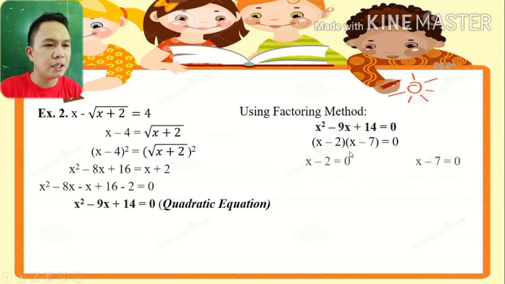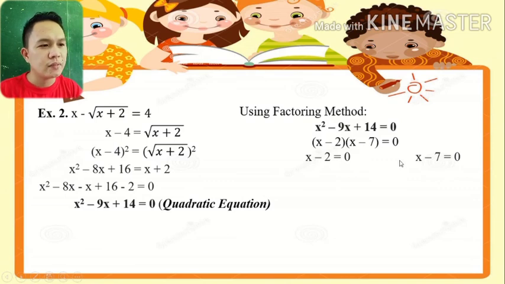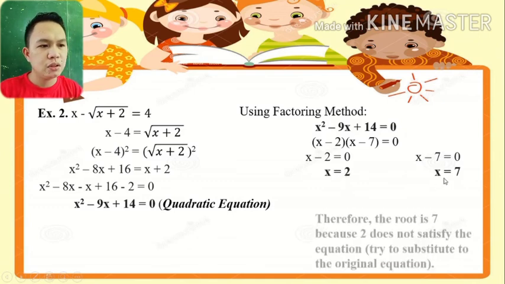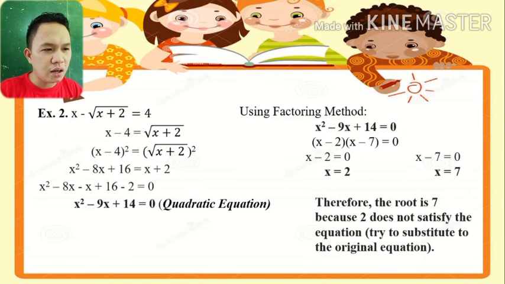Then, we need to separate x minus 2 is equal to 0. X minus 7 is equal to 0. So, the answer is x is equal to 2, x is equal to 7. So, therefore, the root is 7 because 2 does not satisfy the equation.